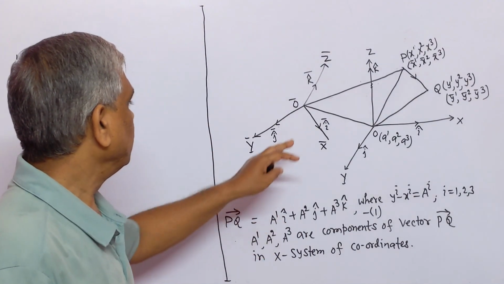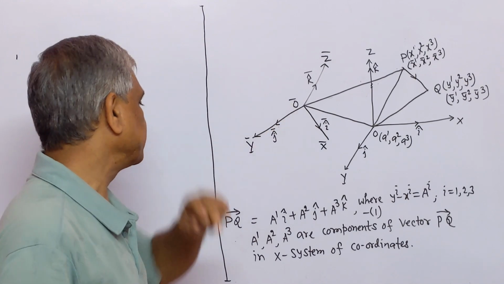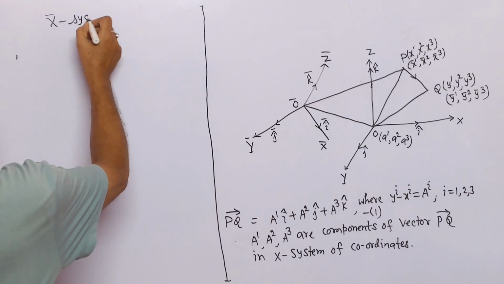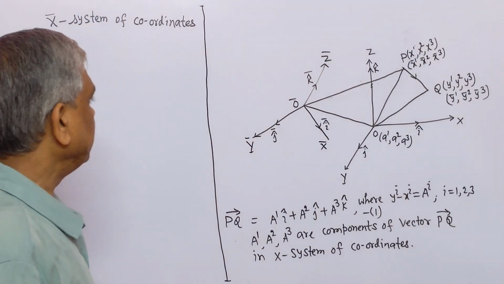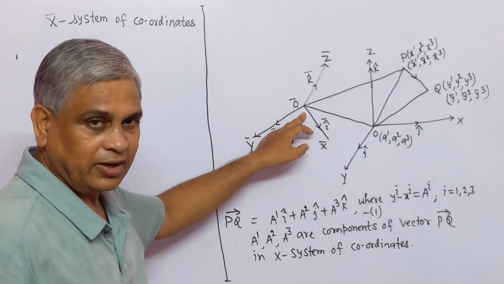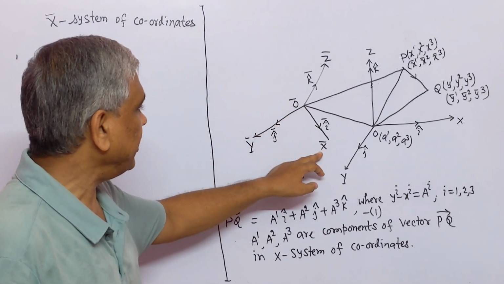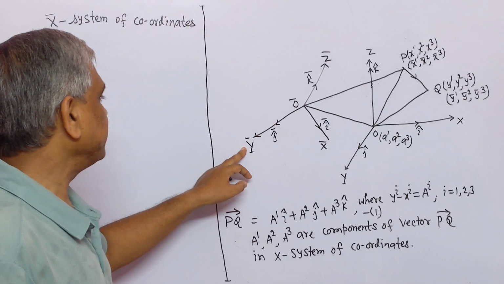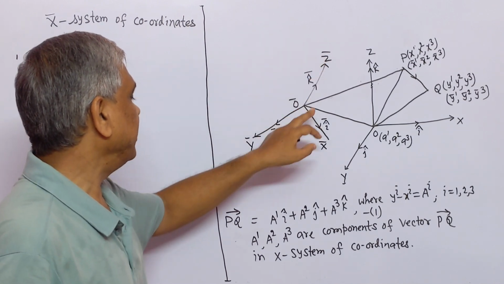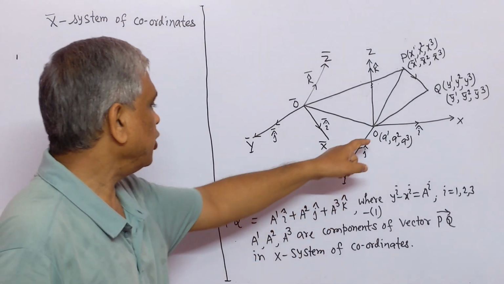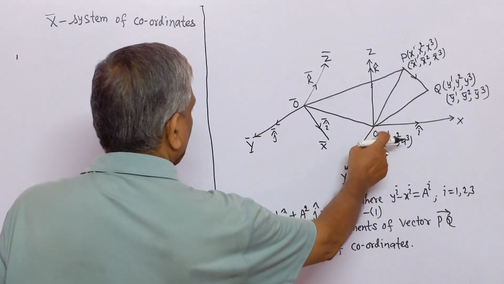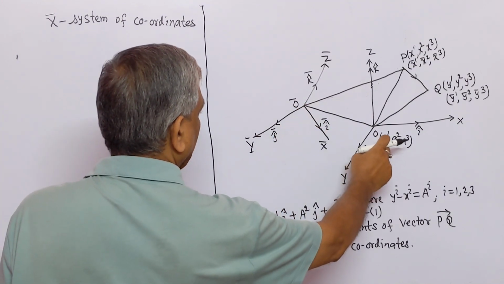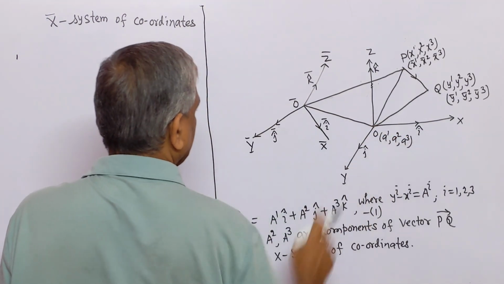Now we have another system of coordinates, called the x bar system of coordinates, in which O bar is the origin and O bar x bar is the x bar axis, O bar y bar is the y bar axis, and O bar z bar is the z bar axis. Let the coordinates of O with respect to the x bar system of coordinates be the ordered triplet a1, a2, a3.